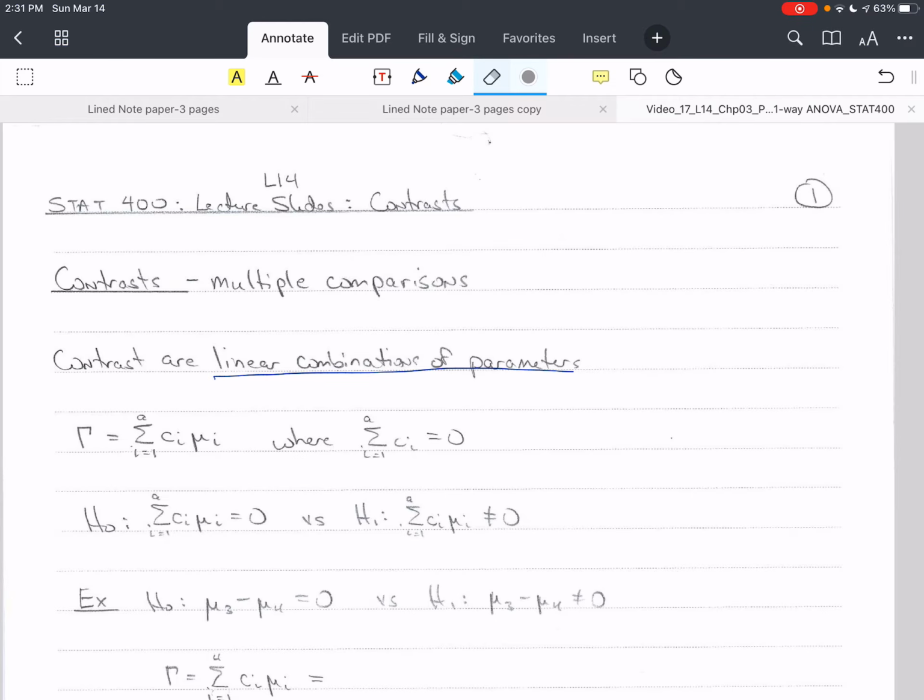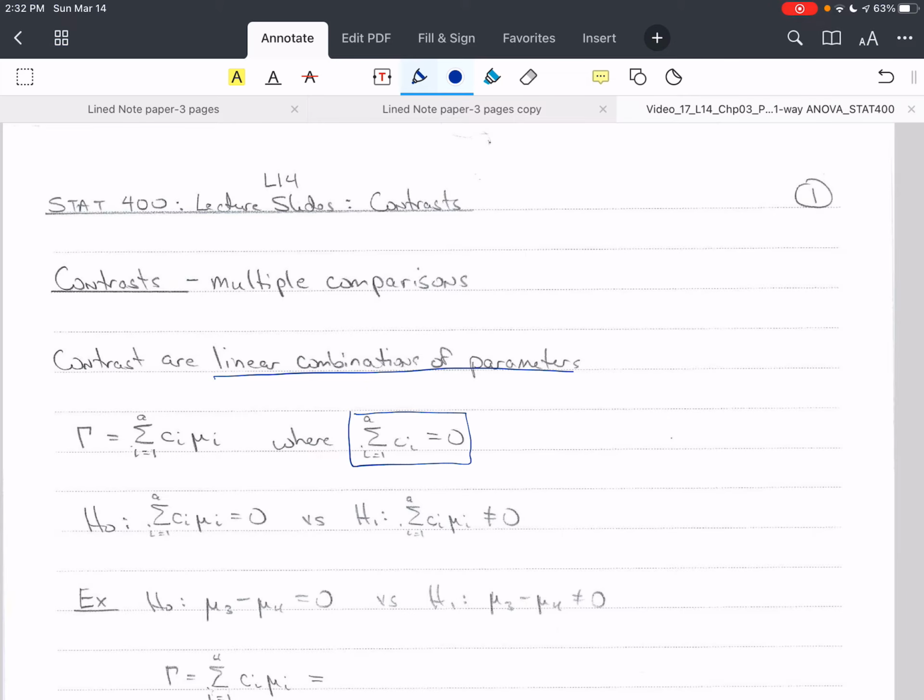It is a linear combination, in this case, of our treatment means. This would represent C1 mu1 plus C2 mu2 plus, and so forth, to CA mu A. And this is a very important restriction: the sum of the coefficients has to add up to 0.